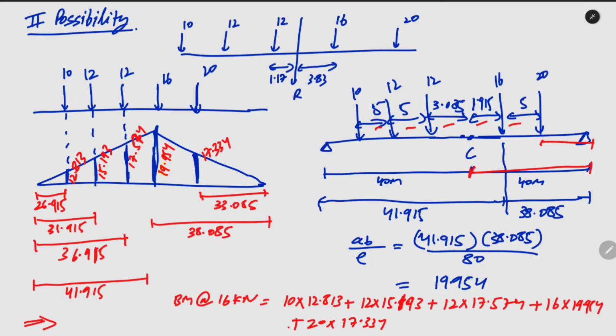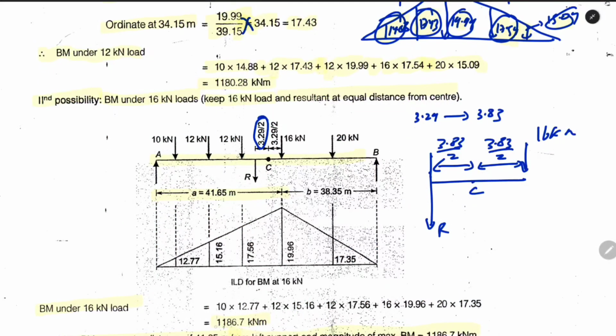So the bending moment will be 1187.278 kilonewton meter. So we are getting 1187.28 kilonewton meter, which is greater than the bending moment at the 12 kilonewton load.